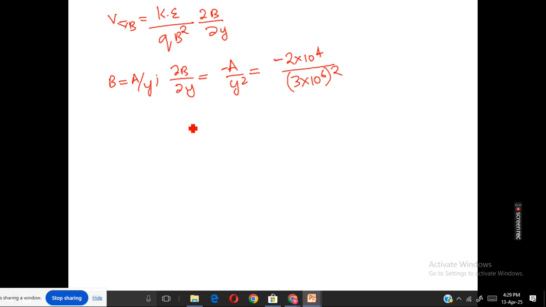It will be minus 2.22 into 10 raised to minus 9.